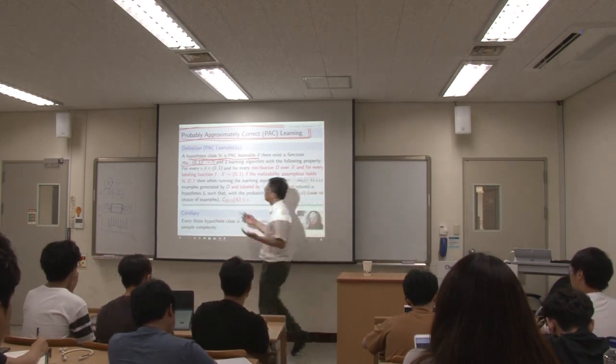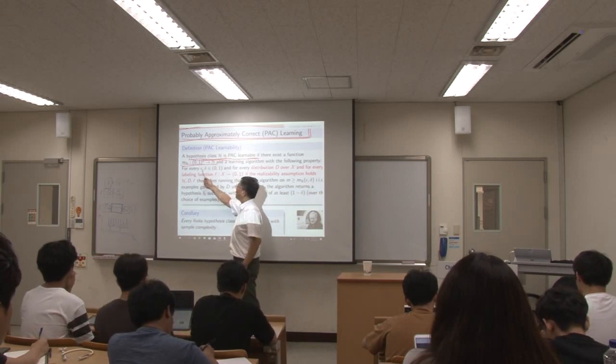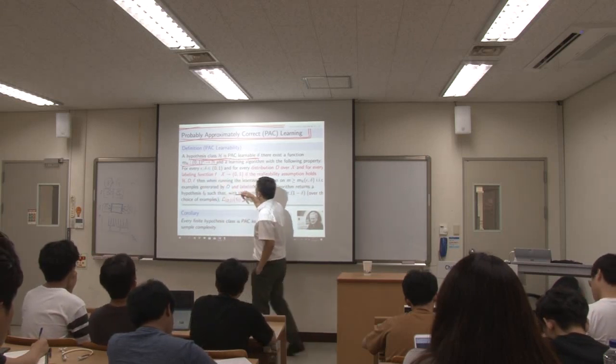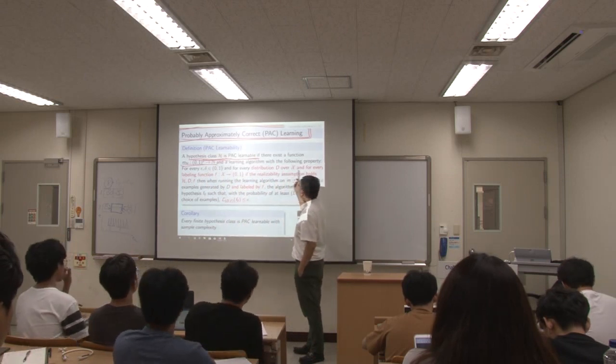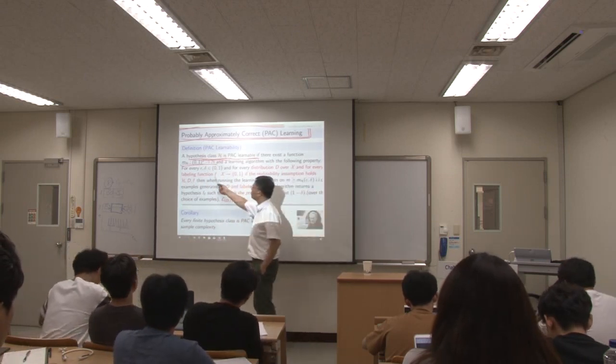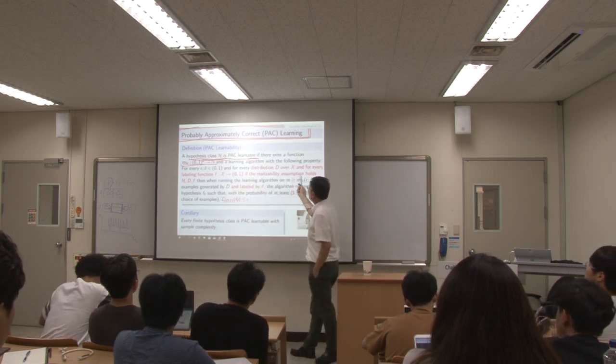For every epsilon and delta between 0 and 1, and every distribution over x, the data, and for every labeling function, this deterministic function, if the realizability assumption holds.